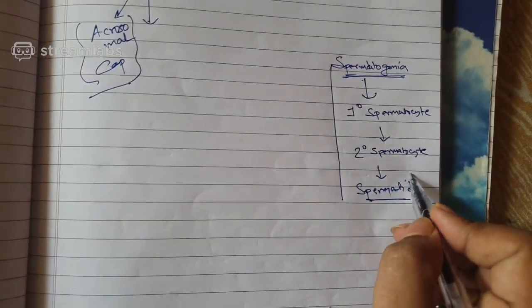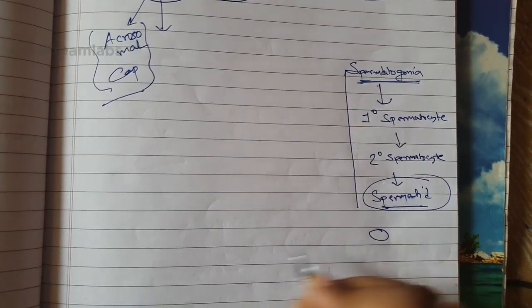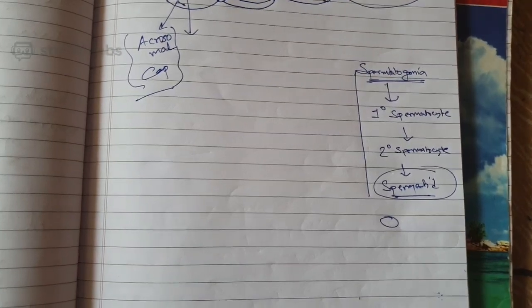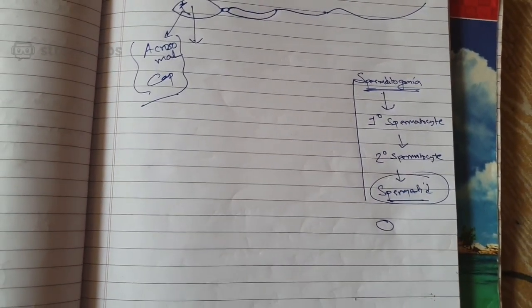The spermatid at first does not have a tail. I had discussed this in the earlier video also, with the entire structure of the testis.